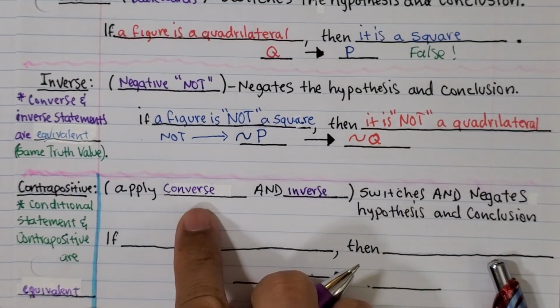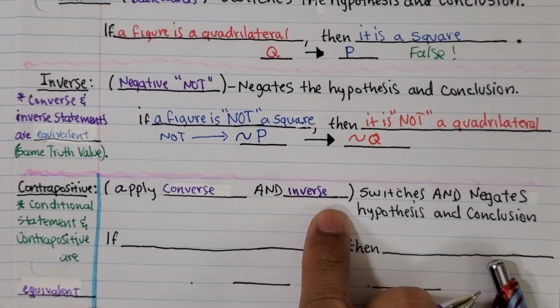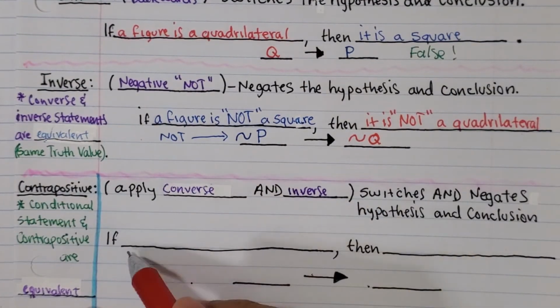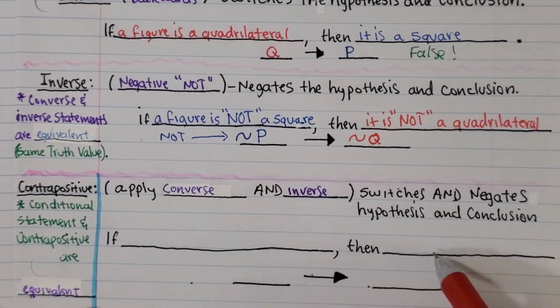So what that means is I'm going to switch the conditional statement and I'm going to negate it. Watch how this is done. Here I'm going to switch, so this will be Q and this will be P, and I'm going to negate Q and P. Don't forget, Q is the conclusion, P is the hypothesis.